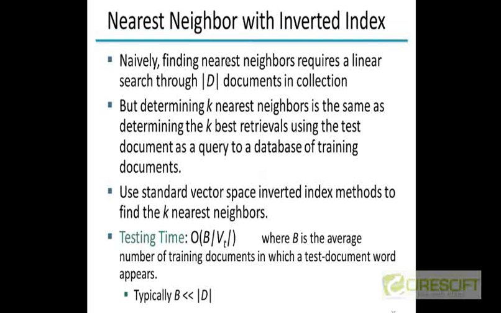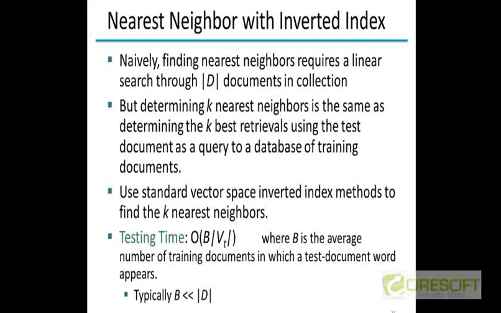One thing I want to mention about the k nearest neighbor algorithm is that even though in the training phase you don't need to do any work, because you're not building any model, in the test phase you will need to do a lot of work, because you have to compute which document is closest to your test document among all the documents in the vector space.